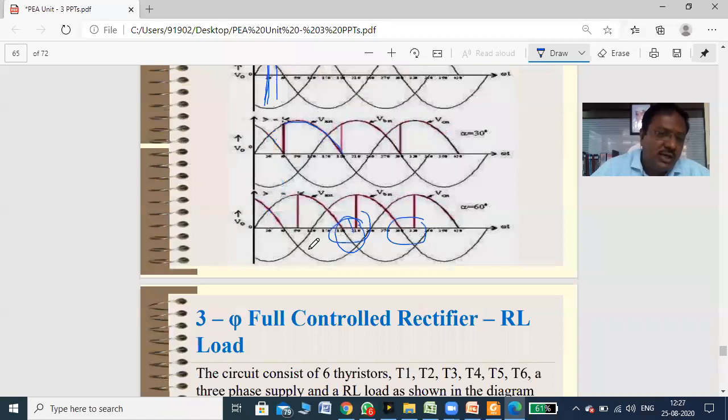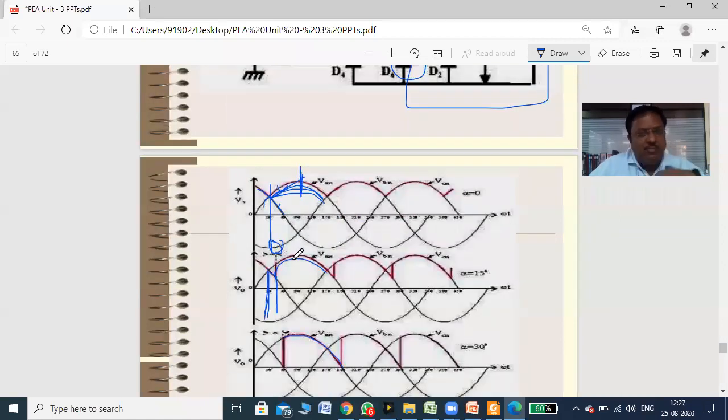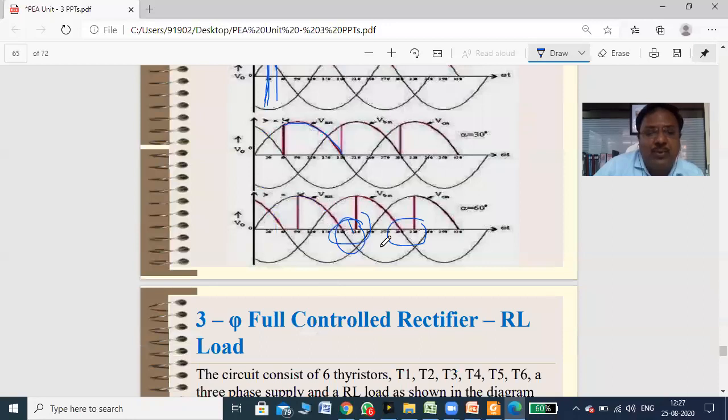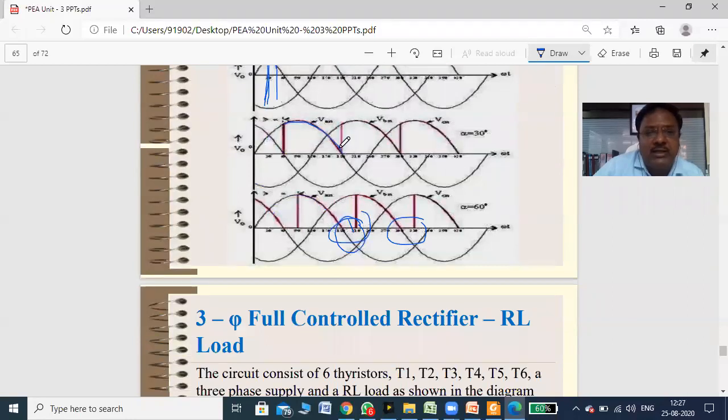Till alpha is less than 90, the operation is continuous. But if alpha is greater than 90, the output is discontinuous, right? In the previous example, if alpha is greater than 30, then operation starts to discontinue, right? But here, up to alpha 90, the operation is continuous.